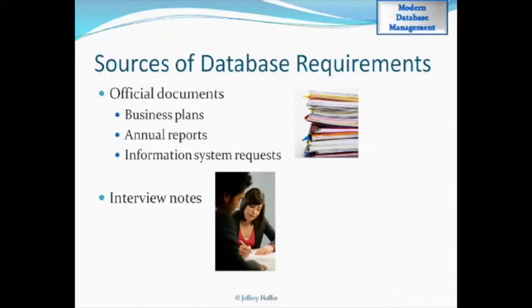Other times these narratives, often in outline form, are notes you've taken during interview sessions to elicit requirements for a new information system. In any case, one or more documents like the ones that we've just seen are the kind of input available to you as a data analyst or database designer when you are beginning to develop a model for the data needs of an organization.